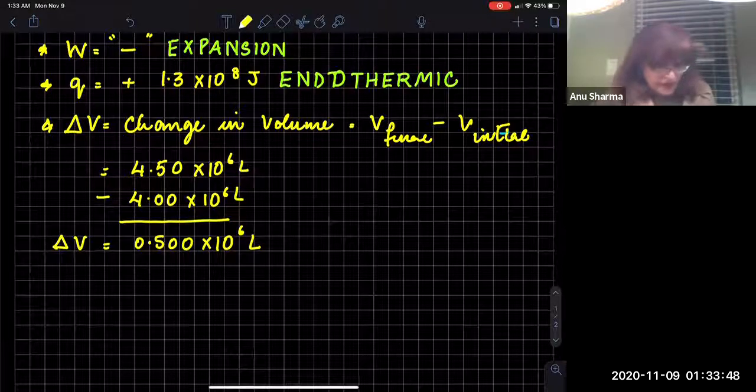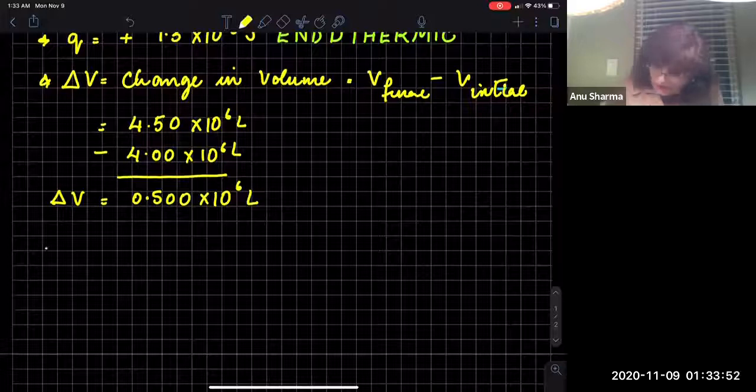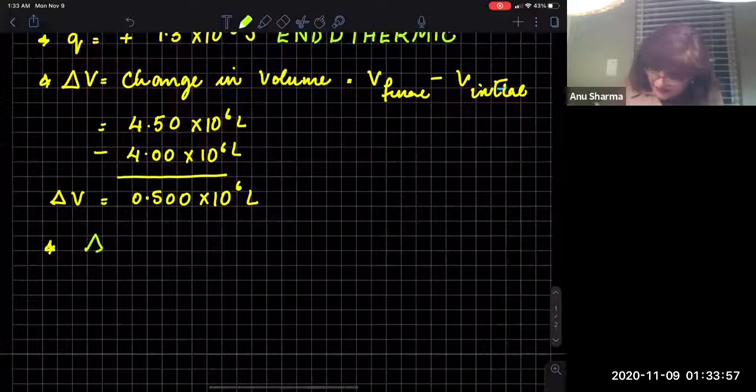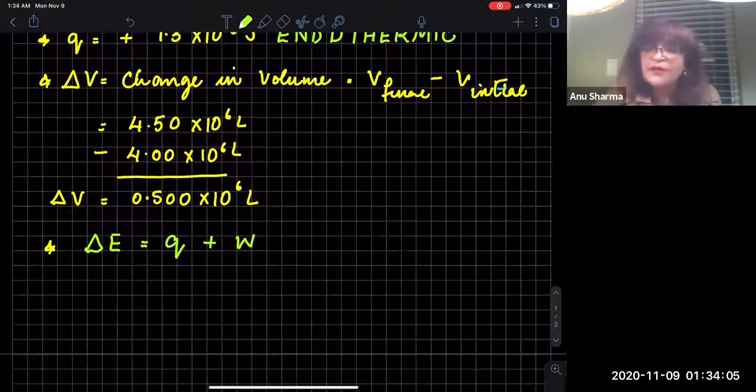All right, now here's a very important thing. Fine, we understand the formula we are going to use is ΔE, the change in the internal energy, which is a manifestation of the amount of heat that you provide to the system and the amount of work that either the system does or the work done on the system.